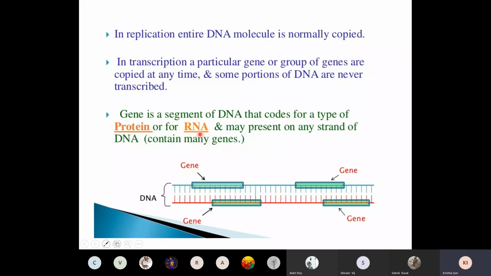The interesting part is that this gene, which is a segment of DNA, may be present on either strand of DNA.